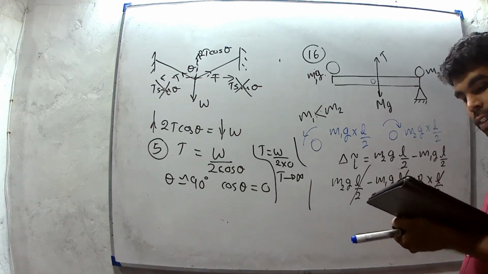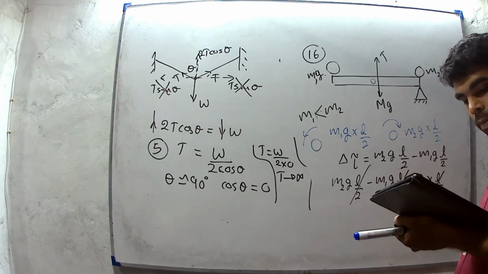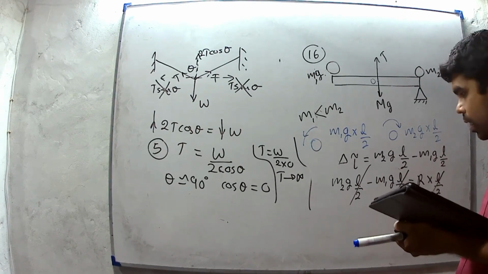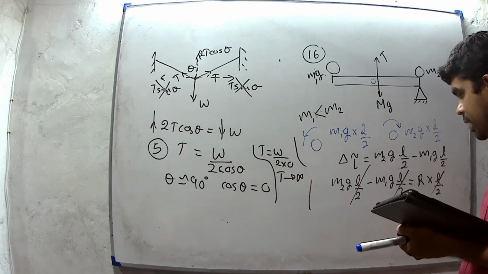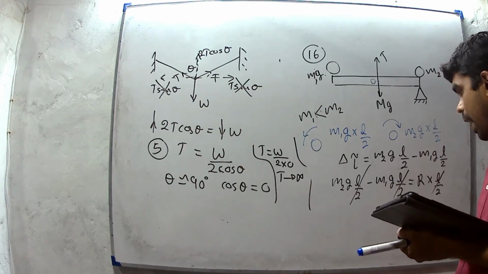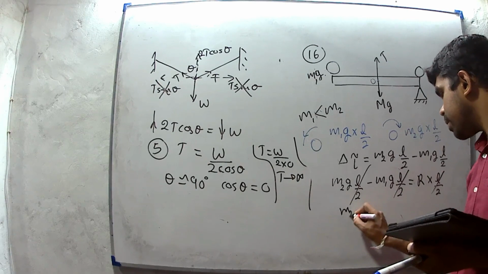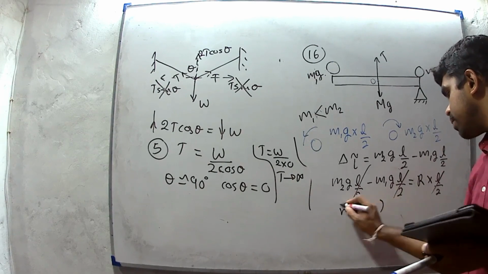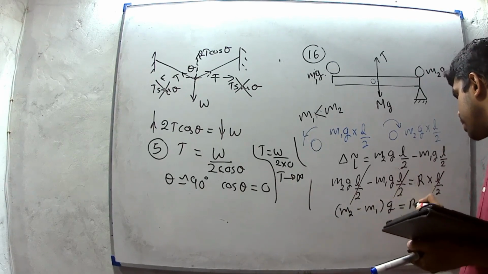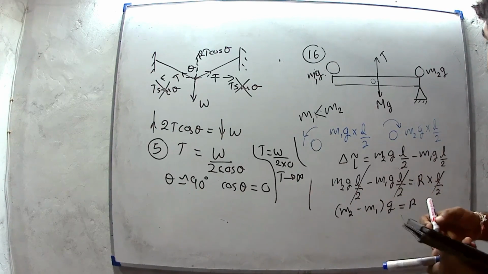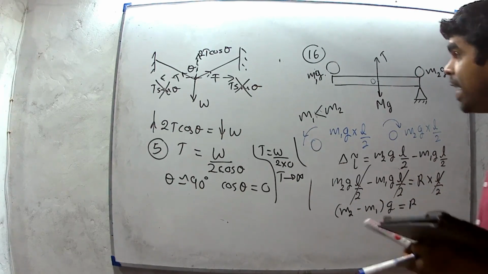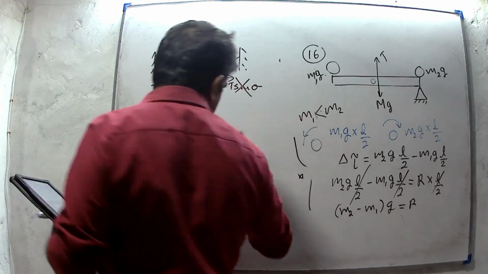Now we can cancel out L over 2 for all terms. Now the reaction is M2 minus M1 G. It is the reaction. But we have to get the reading of the spring balance.